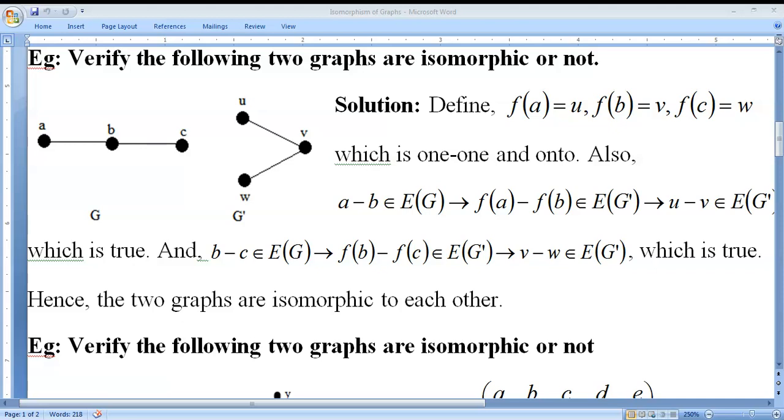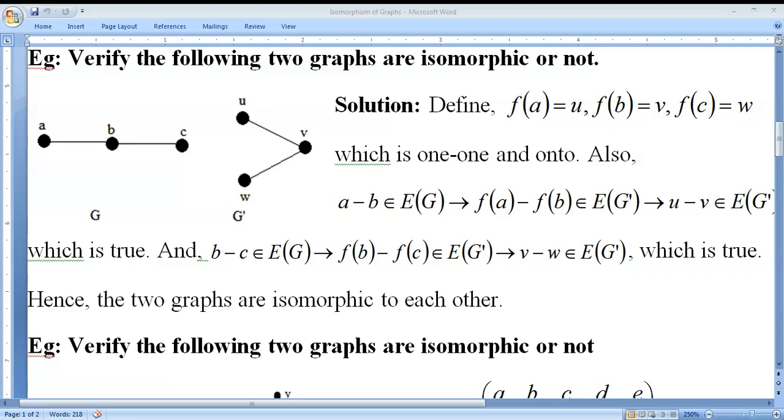There is no other vertex in the second graph having two edges. Now I have mapped c onto w. The reason is that there is only one edge with c, that is cb, and also only one edge with w, that is wv.